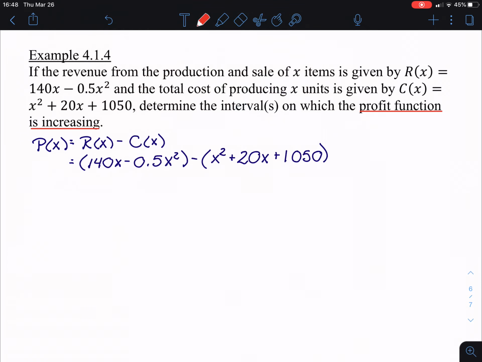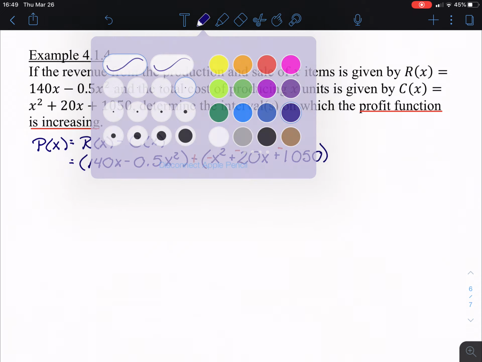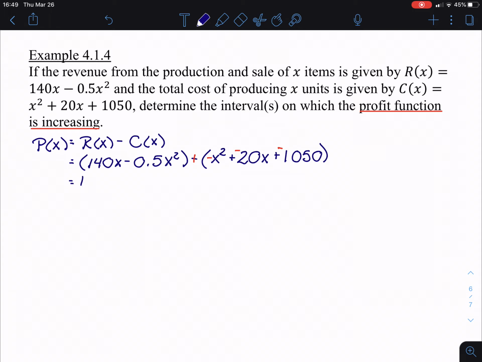So in order to combine these two together into one single polynomial, I'm going to change my negative to a plus outside of the parentheses, and then I'm going to change the sign for each of my three terms here. So what I wind up with is 140x minus 0.5x squared minus x squared minus 20x minus 1050.